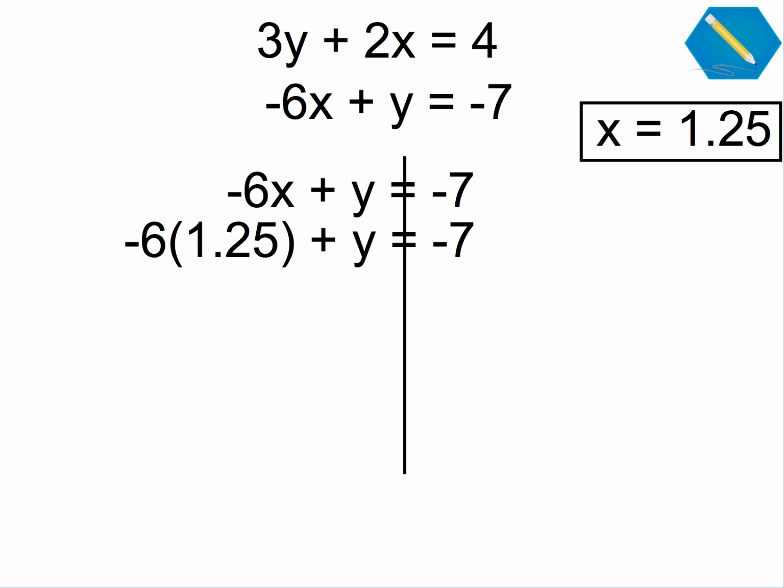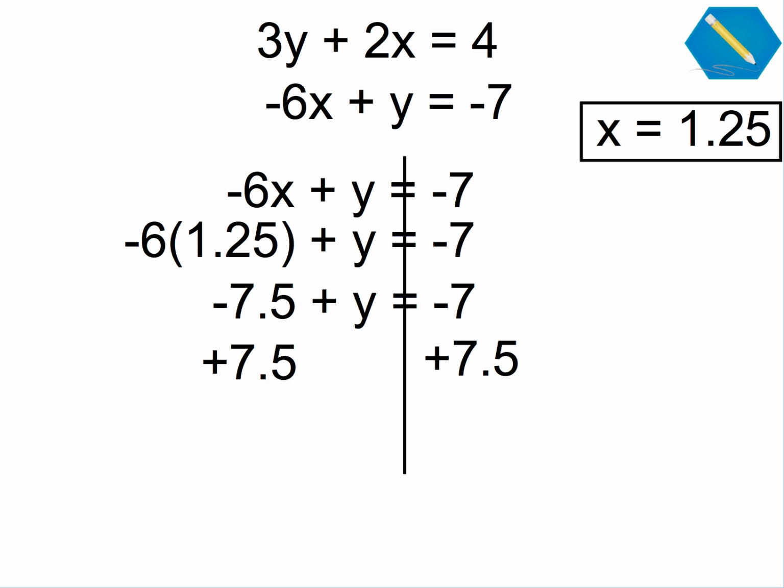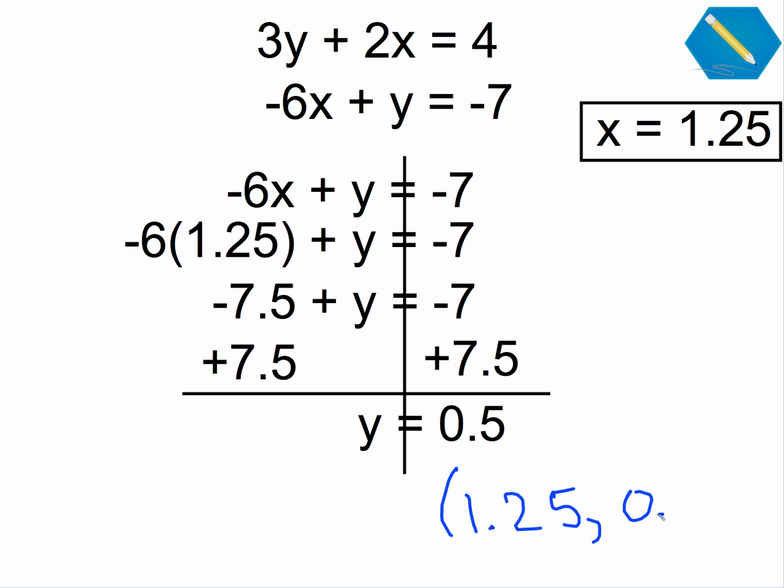So now I'll separate my two sides and multiply negative 6 times 1.25 is negative 7.5. And then to get y by itself, I need to add 7.5 to both sides, and we get y equals 0.5. So our ordered pair is 1.25, 0.5. That's where these two lines will intersect on a graph.